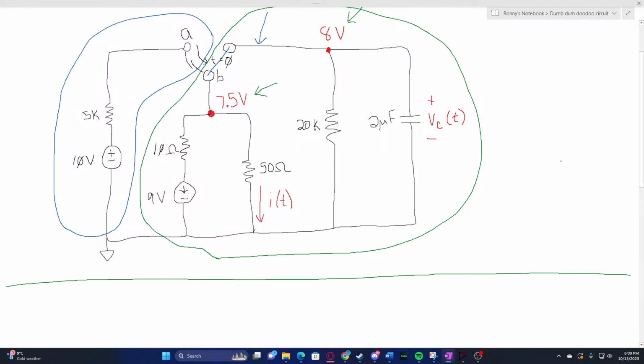But that doesn't sit right with me. I still don't understand it, because they're saying it's going to go down to 5 volts, but you have a voltage source that can put a greater voltage there. That is strange to me.